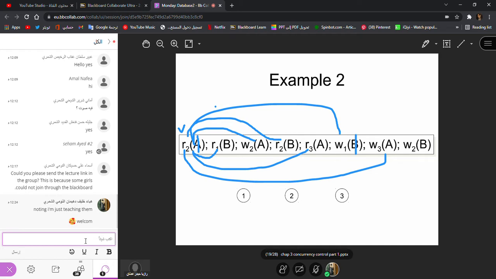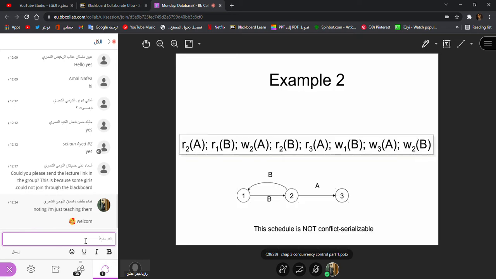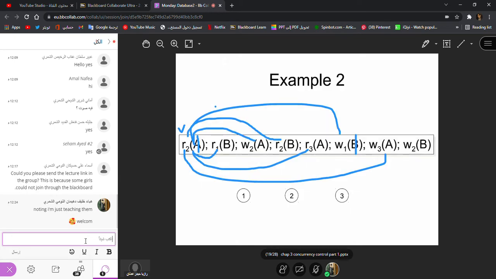So it was 2 to 3. I draw a line, because it is going from 2 to 3, so from 2 to 3, I put an arrow. Whenever you find a conflict, you will place an arrow.